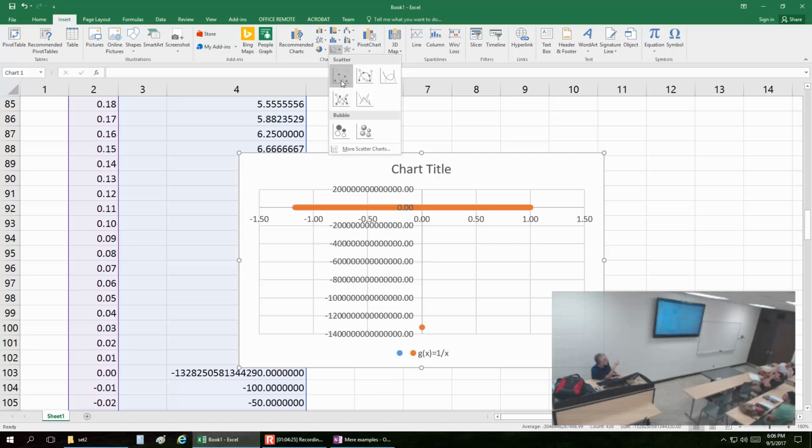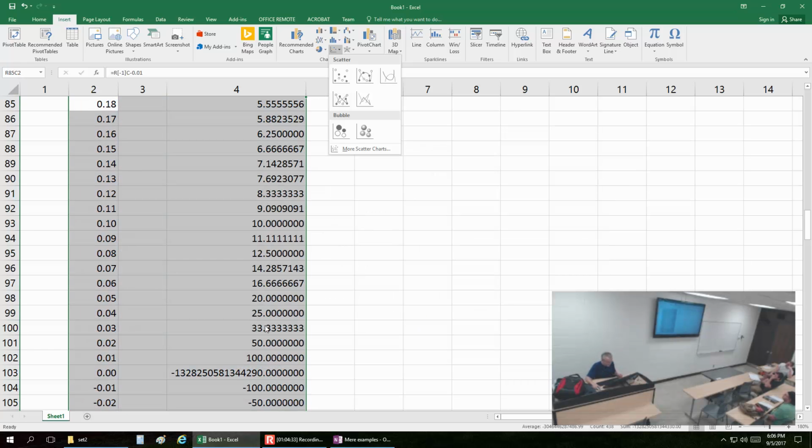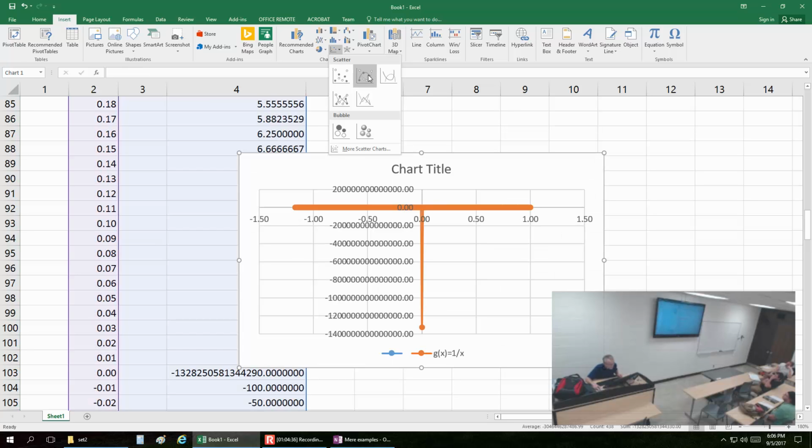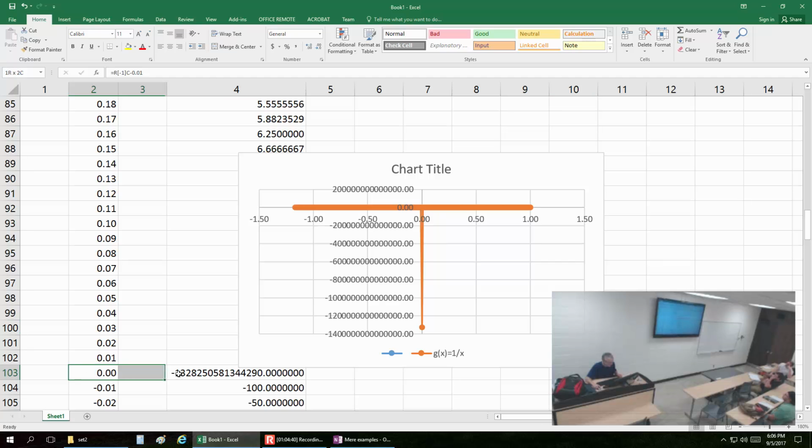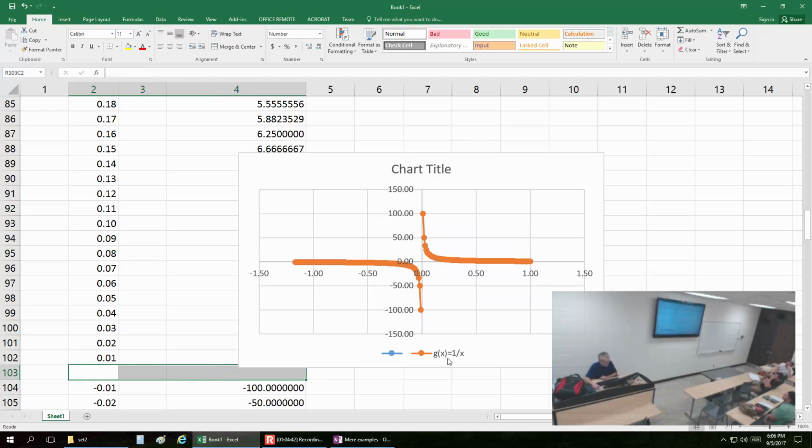All the curving has disappeared because it's all out of proportion. Okay, best we can do. Let me just add it. What happens if I just delete it? So that's the real graph.